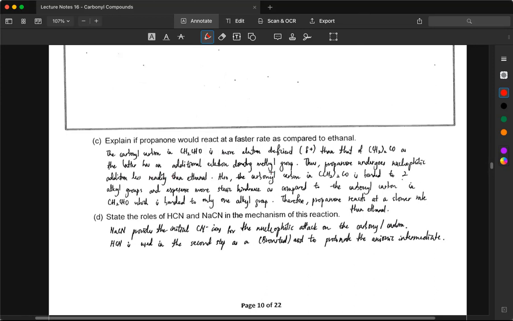So we explain using the electron donating group. The propanone undergoes nucleophilic addition less readily. The carbonyl carbon in propanone is bonded to two alkyl groups and experiences more steric hindrance, whereas CH3CHO is bonded to only one alkyl group. So propanone will react slower.